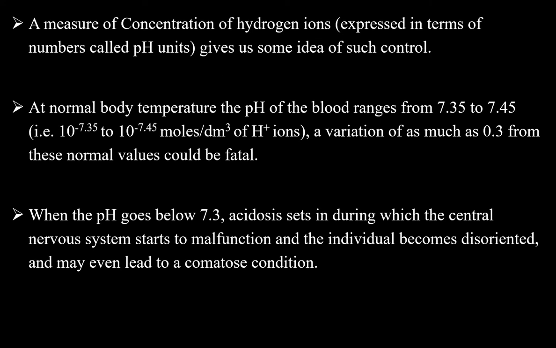The example given is of the blood pH. When pH goes below 7.3, acidosis sets in, during which the central nervous system starts to malfunction and the individual becomes disoriented, and this even leads to a comatose condition.